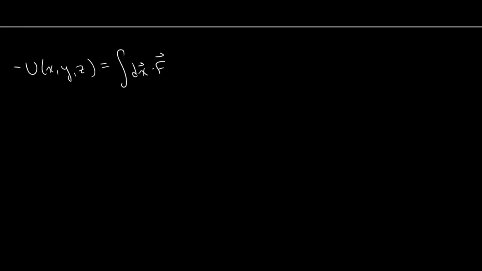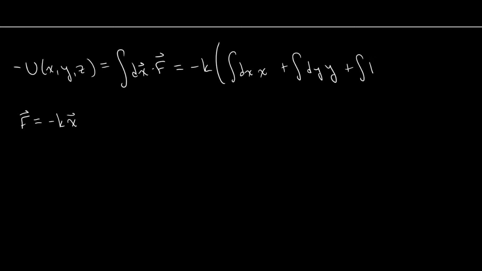So let's take the force that we were looking at before, which is this restorative force, minus kx, this Hooke's law. In this case, I have something which looks like minus k, integral dx times x, plus integral dy times y, plus the integral dz times z.